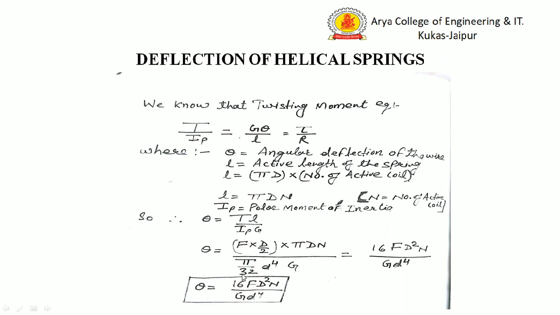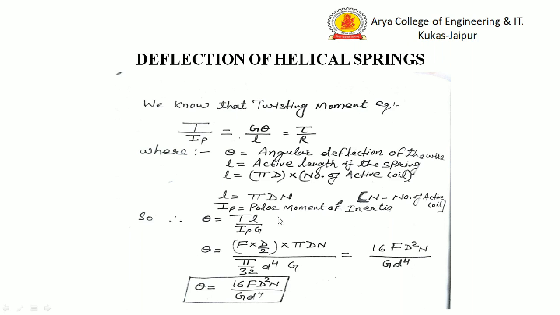In the last lecture we discussed the active and inactive coils. So L is equal to the length of one coil, which is pi D, multiplied by the number of active coils, capital N. So L is equal to pi D N.